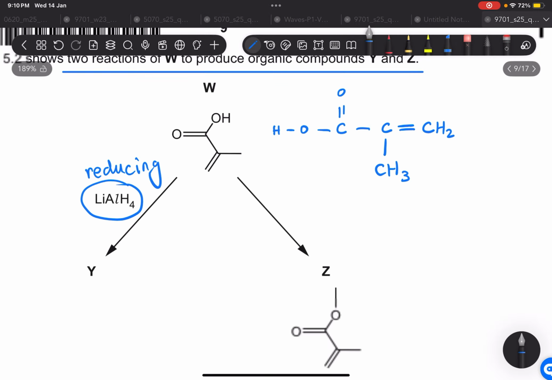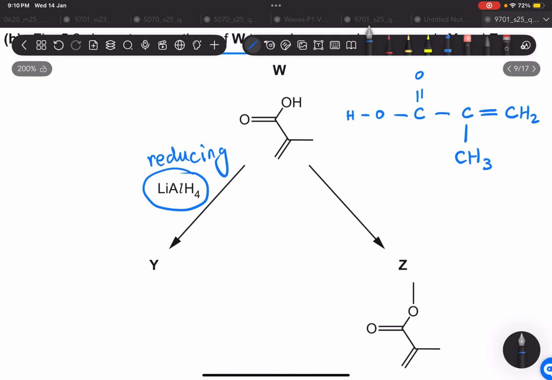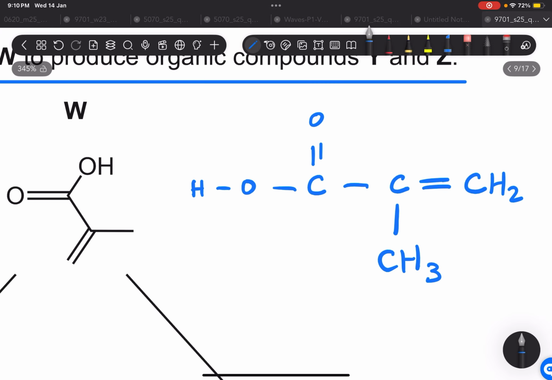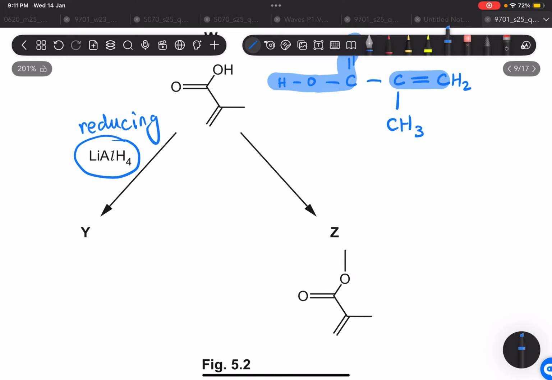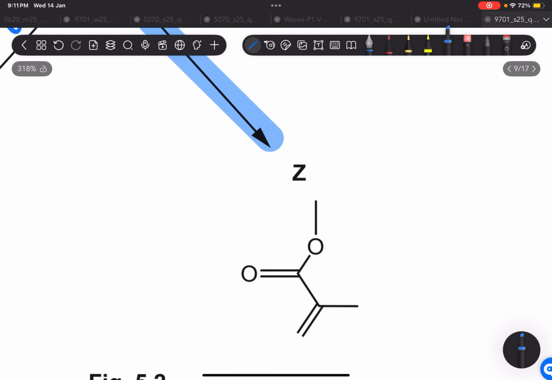Okay, so now this compound, we're adding a reducing agent to it. You know, when we add a reducing agent, this carbon oxygen functional group, this carboxylic functional group, is going to be reduced, and this group is also going to be reduced. There's going to be oxygen added to it, and when we are adding something else, we are forming this thing. And what's this thing?